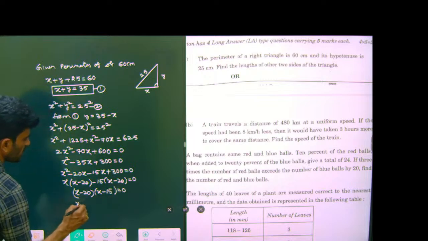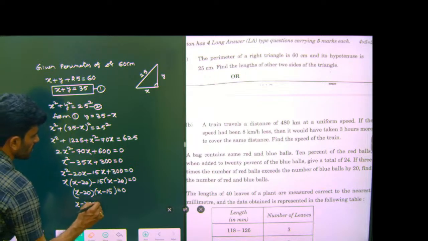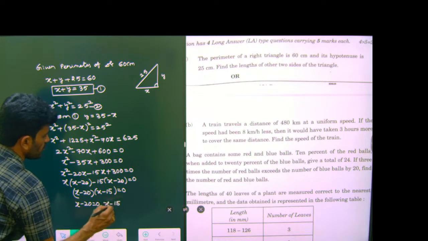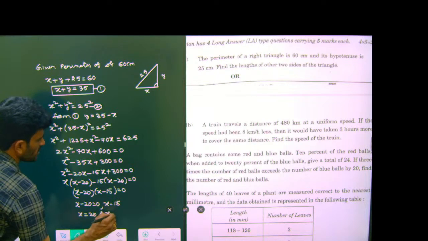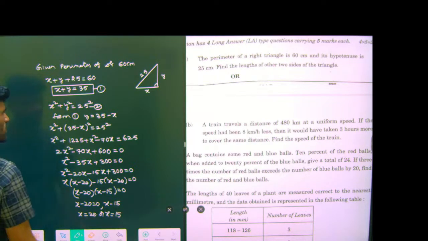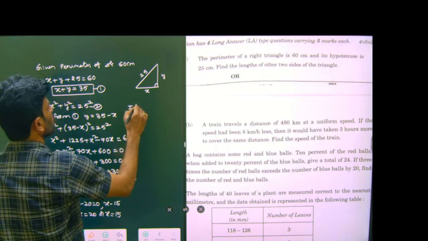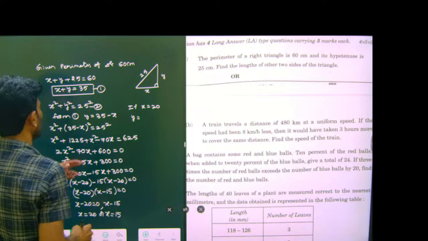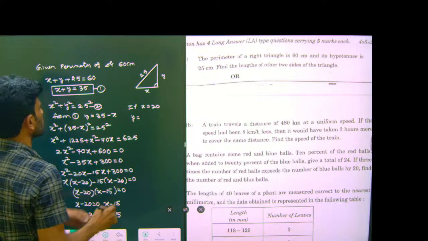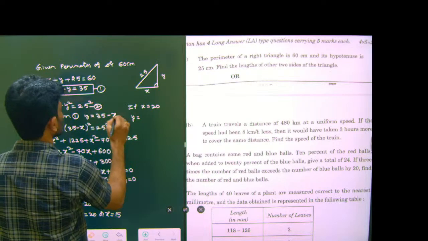Then x minus 20 is equal to 0, x minus 15 is equal to 0. So x is equal to 20 or x is equal to 15. Here also two cases. If x is equal to 20, then what is y? Y is equal to 35 minus x.